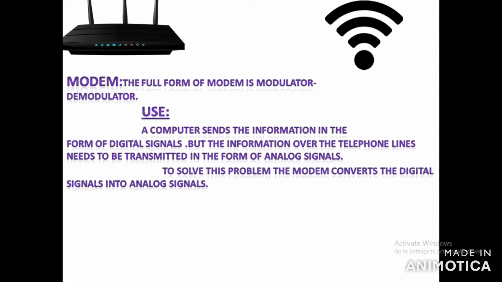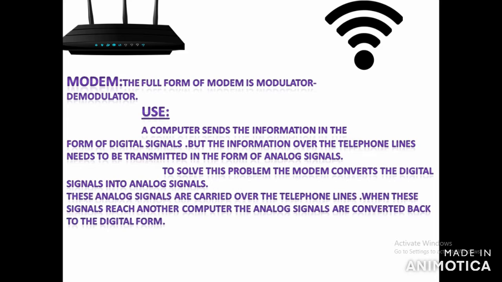To solve this problem, the modem converts the digital signals into analog signals. All these signals are carried over the telephone lines. When these signals reach another computer, the analog signals are converted back to the digital form. This is the main feature of the modem, to convert signals from analog to digital and digital to analog.